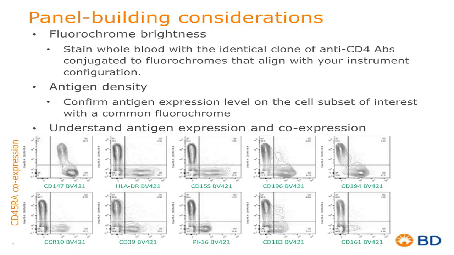For example, CD161 right here is another marker that I'm particularly interested in, and I can see that there's no co-expression in my CD161, CD45RA upper right quadrant in this particular plot. So now I've learned a little bit about my antigen co-expression and my antigen density and my fluorochrome brightness.